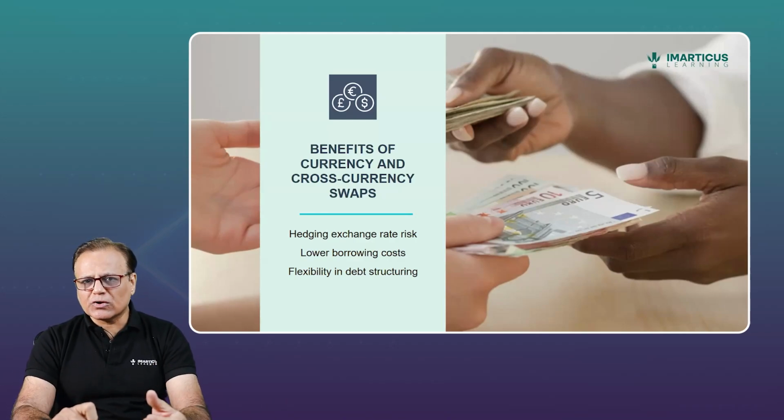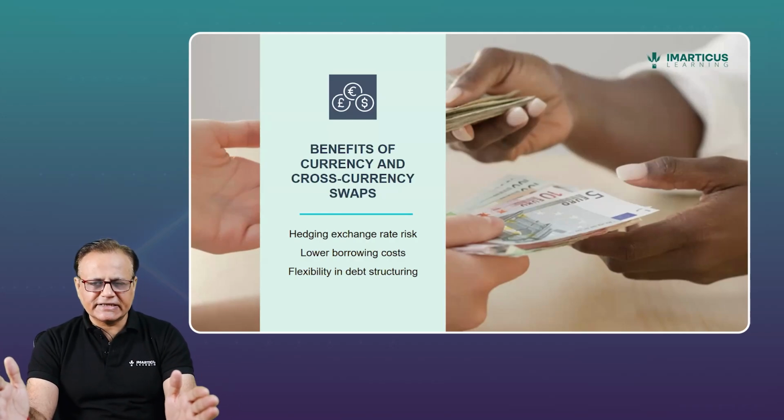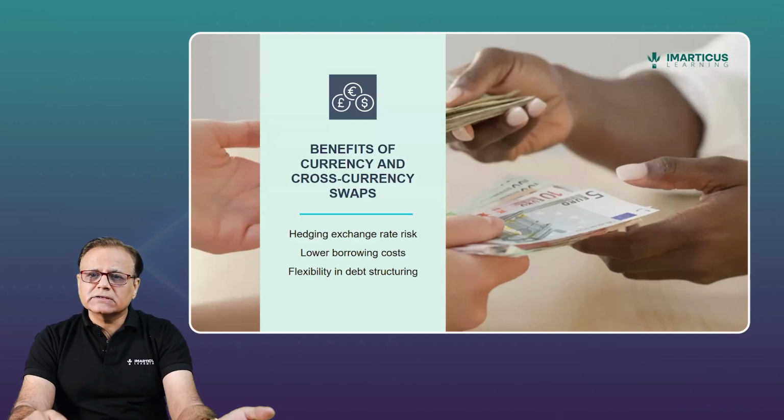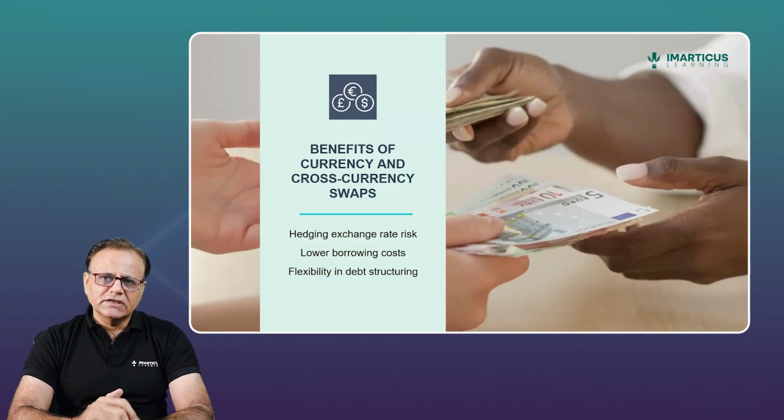So the borrowing cost is reduced because it's a direct swap between the counterparty as such. In any other case, if they were to raise a debt or borrow funds from the other country or the local market, then the borrowing cost would be higher. So here you have a very good advantage in terms of the borrowing costs being lower.